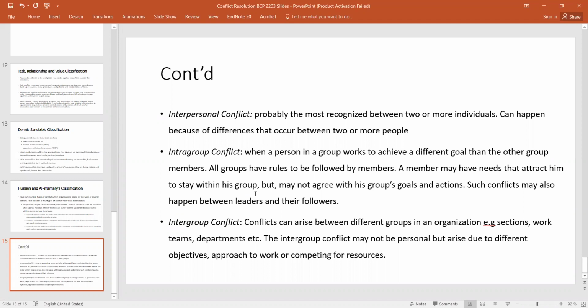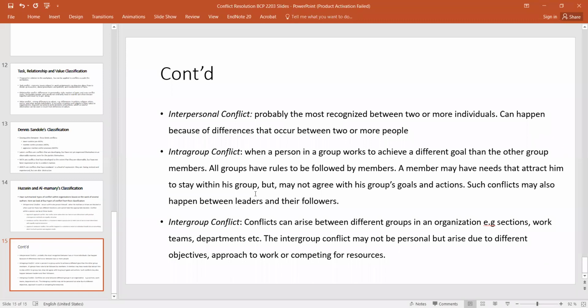And yet, the group has rules that you must follow. So you might clash. You want to stay within the group, but you're still clashing with maybe your leader, and the leader and the followers are clashing because they want to be in the group, but there are certain things in the group that they do not agree with.